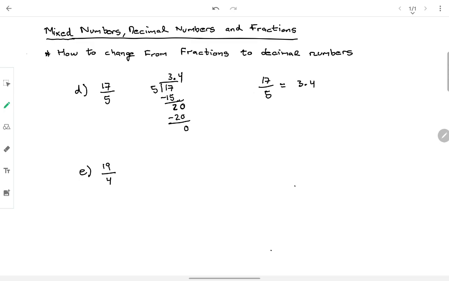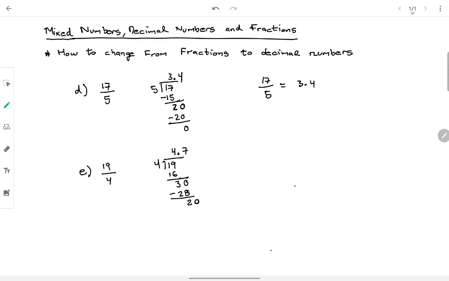And the last one, 19 divided by 4. That means 4 times 4 gives us 16. It will give us a 3. So we can continue putting a 0. So 4 times 7 will give us 28. That will give us a 2.